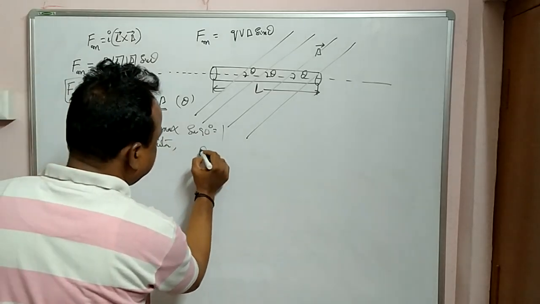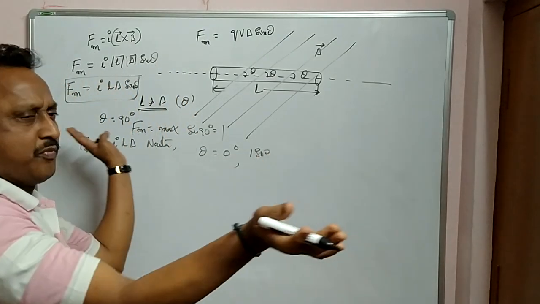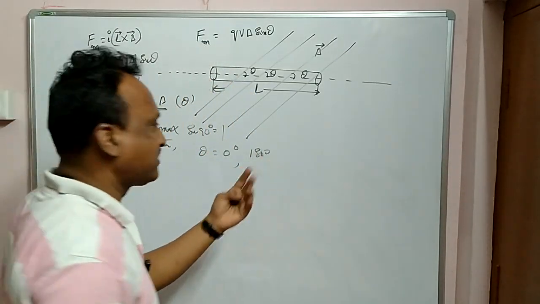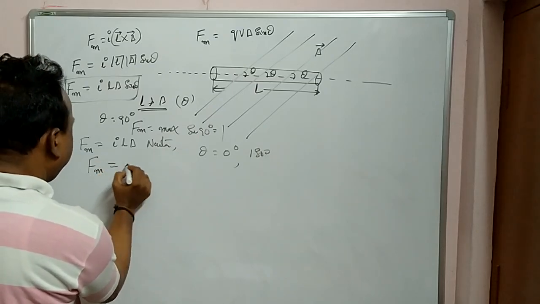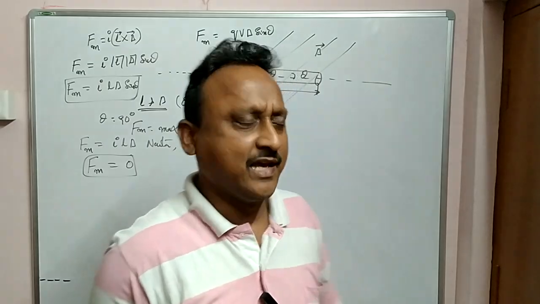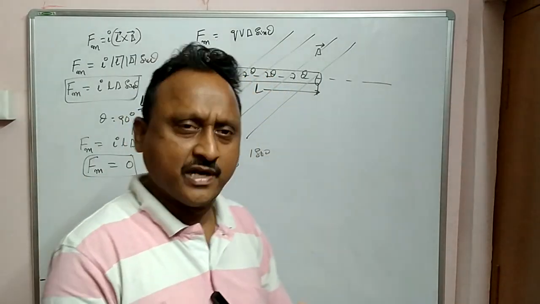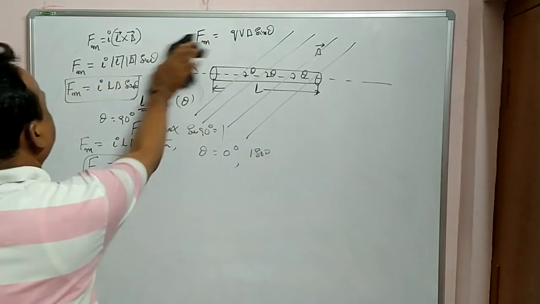In the same way, if theta is equal to 0 or 180 degrees, that means L and B are in the opposite direction, sin 0 and sin 180 are 0, so the magnetic force is 0. So it is maximum when theta is 90 and minimum when theta is 0 and 180 degrees. This is another important force acting on a conductor carrying current placed in a magnetic field.